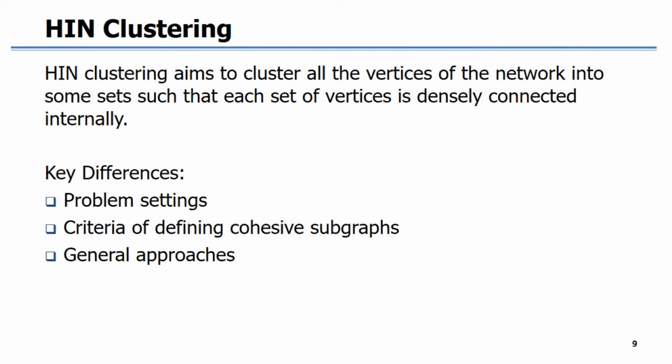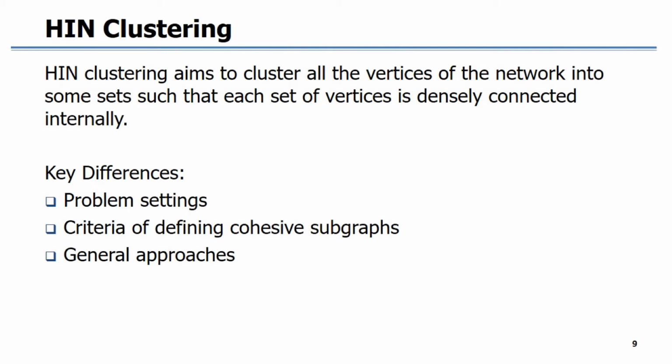HIN clustering, on the other hand, uses the same global criteria to partition the HIN. The general approaches are also different. Cohesive subgraph search solutions often work in an online manner, while HIN clustering is often based on learning algorithms which are usually time-consuming and unscalable to large HINs.